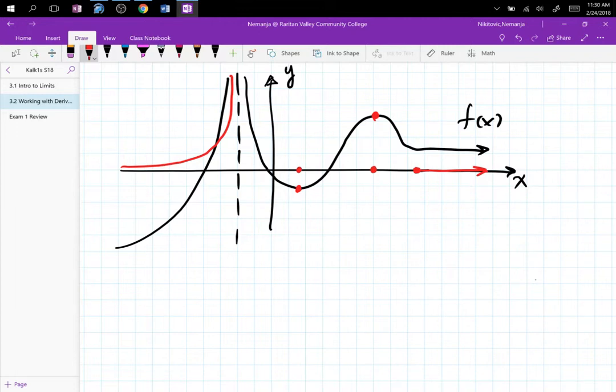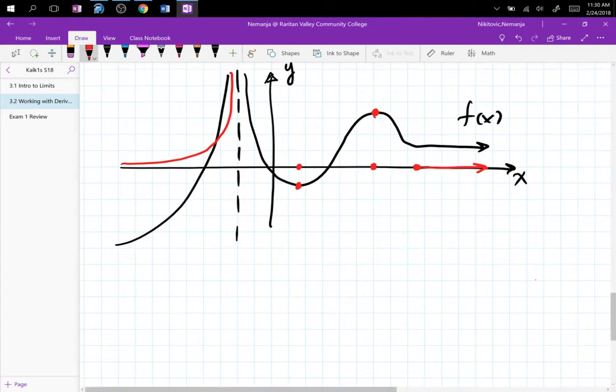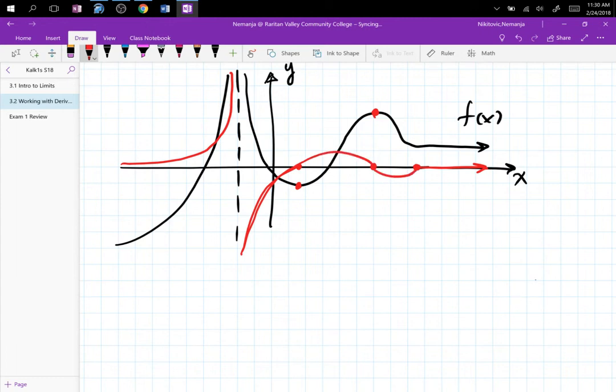Going to the other part, the function is decreasing, which means I have to be below. And then the function is increasing, I have to be above. And the function is decreasing, I have to be below. And the red one is the derivative. Does it make sense? Great. Let's go and do 3.3.